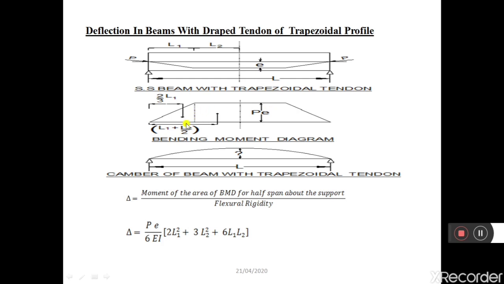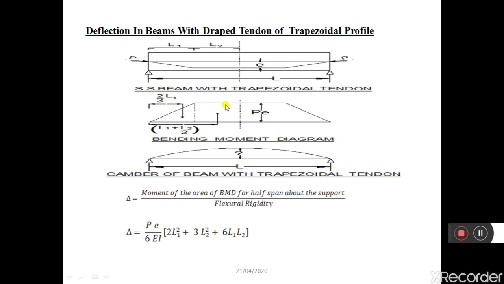If I want to calculate the equation for deflection, that is delta, delta is equal to the moment of area of the BMD for half span about the support divided by flexural rigidity. That is, taking the moment of the area about half of the span about the support.